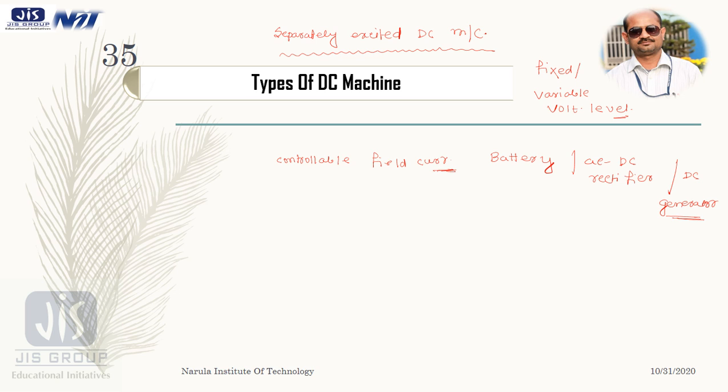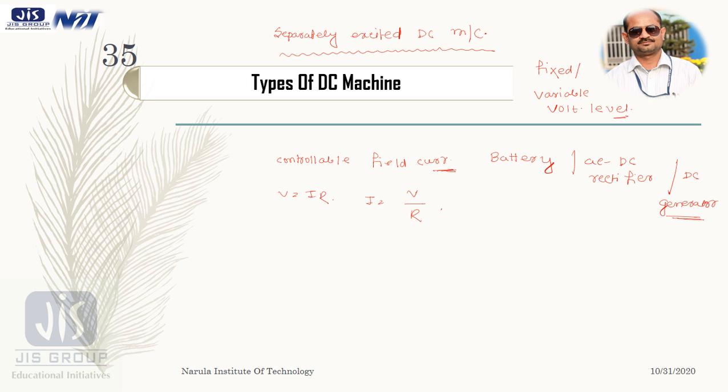Okay, now what is Ohm's law and what is its purpose? Ohm's law relates the current in a circuit with the voltage applied across the circuit and the resistance of the circuit, that is V equals IR. So I equals V by R. Now we will apply this Ohm's law to the field circuit in the separately excited DC machine.